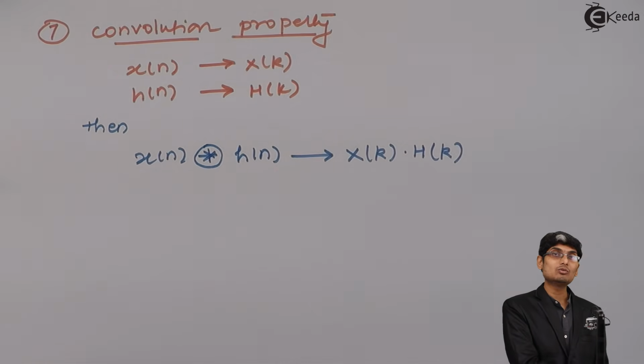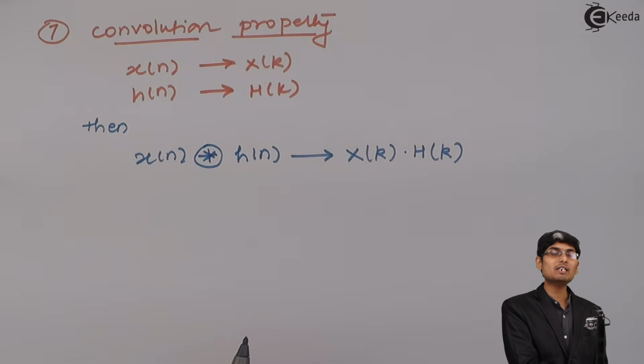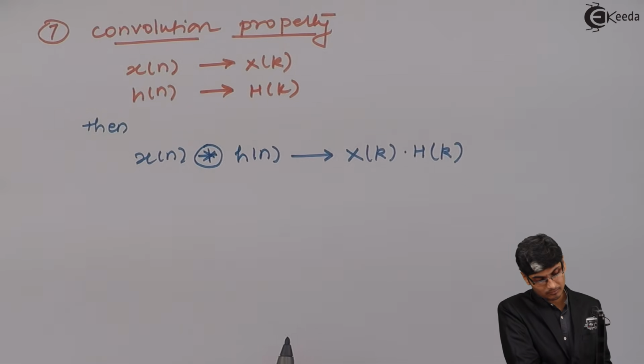So rather than using the complete big convolution equation, we can just transform the signals to the Fourier domain and multiply both of them. You will get the convolution of the two signals. So that is the convolution property.